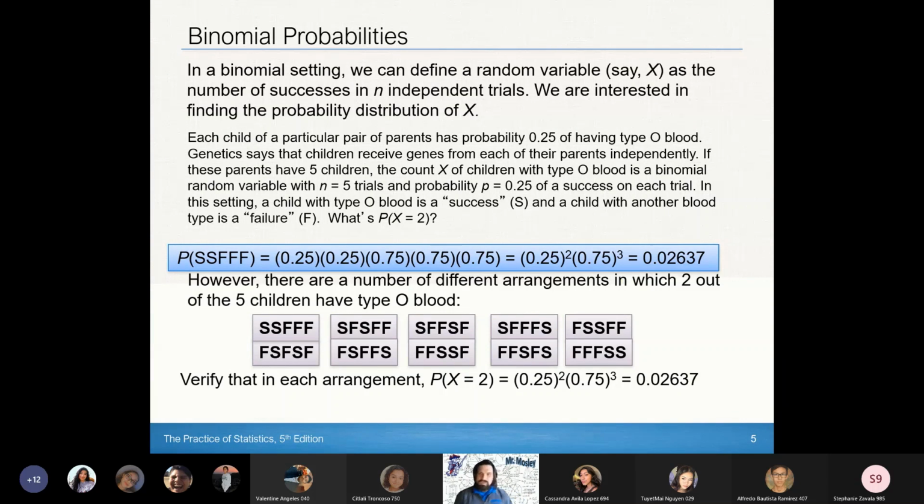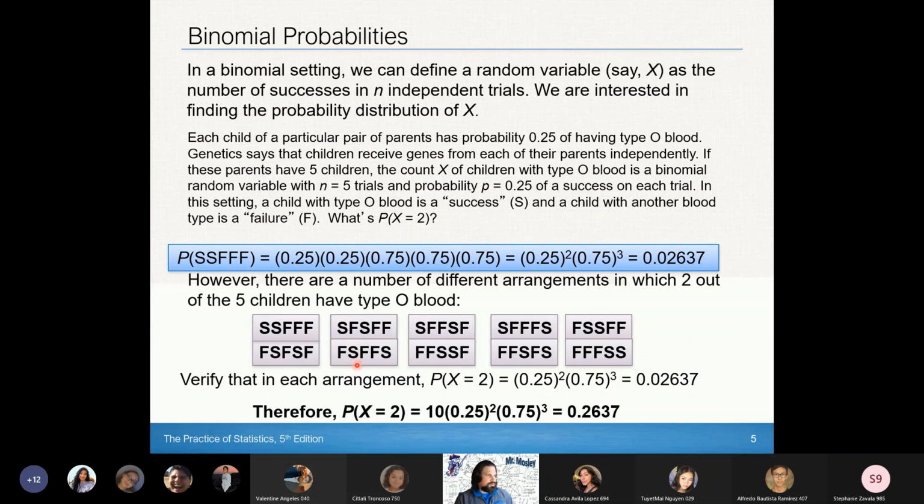In each of the arrangements, the first arrangement has this probability, the second arrangement results in the same calculation, and the third, fourth, fifth, all 10 of these give me the same exact 0.02637 probability. That's because ultimately we have 0.25 multiplied by itself 2 times, and 0.75 multiplied by itself 3 times. No matter how we arrange it, that's what we end up with.